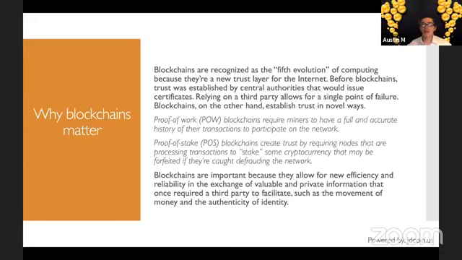So this shows that they have put in the work and the time in order to participate. And proof of stake, blockchains create trust by requiring nodes that are processing transactions to stake some of the cryptocurrency that may be forfeited if they're caught defrauding the network.